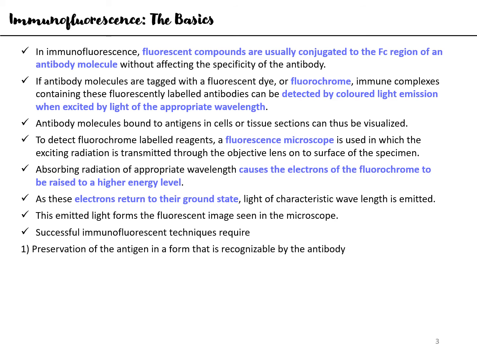So it is very important to ensure that the antigen conformation is maintained and it is in a form that can be recognized and bound by the antibody. Of course, you require a suitable antibody which is specific against your molecule of interest and an appropriate label.